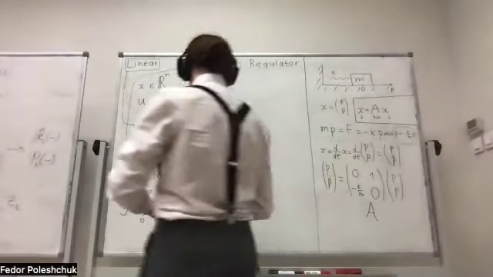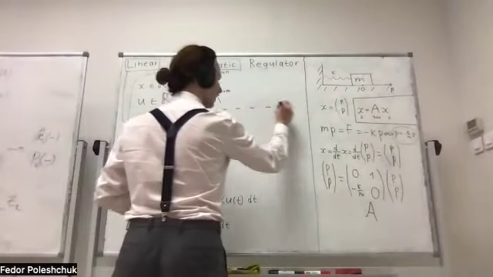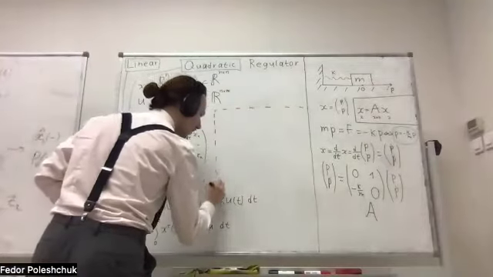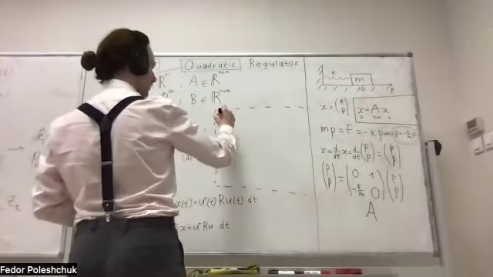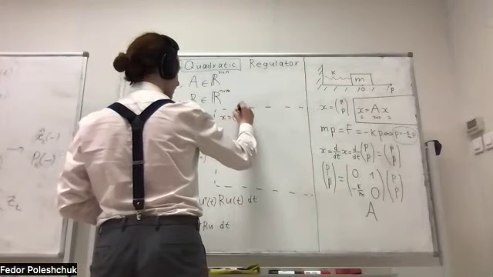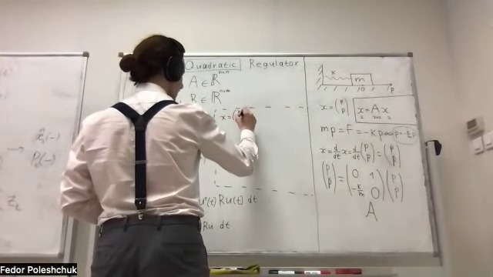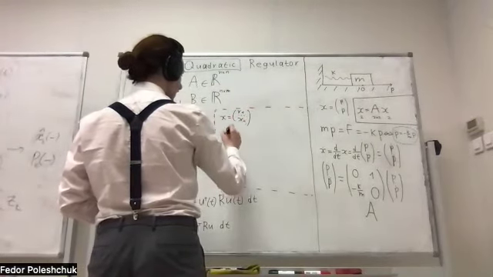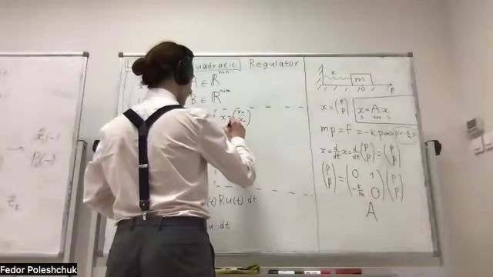No. Let's suppose that, well, I'll draw it here. Our vector x is x1 through xn, and the Q matrix over here.